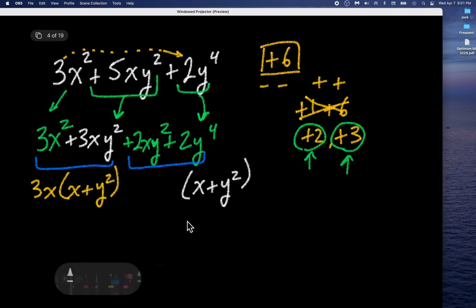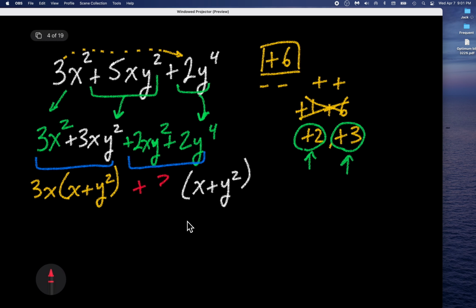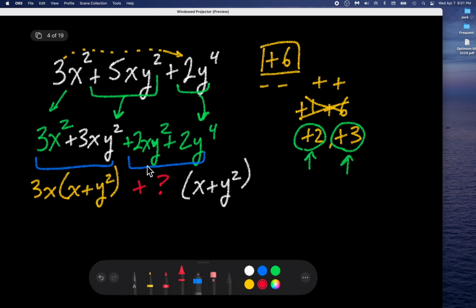We put a question mark. And we try to figure out what this question mark is going to be. We ask ourselves, what times x is going to give us this? It has to be 2y squared. 2y squared times x is going to give us that. And 2y squared times y squared is going to give us that.